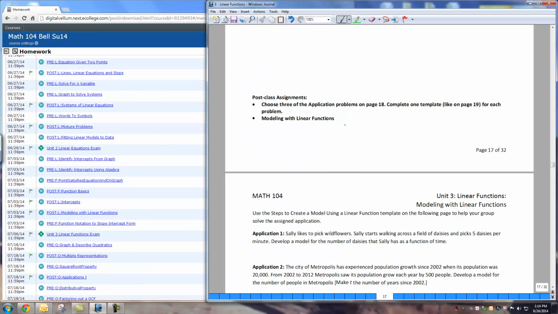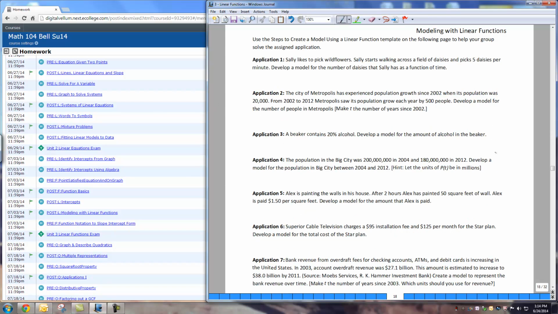So this one is in MyMathLab. So you have with intercepts and this modeling with linear functions, you have homework to turn in. Create it in Microsoft Word, email it to me, save it in email, and then you also have these 3 application problems. So you have 3 assignments that you need to email to me, just created in this video.